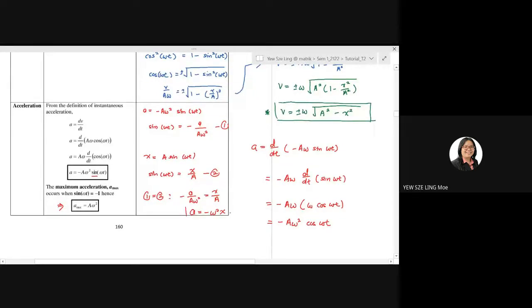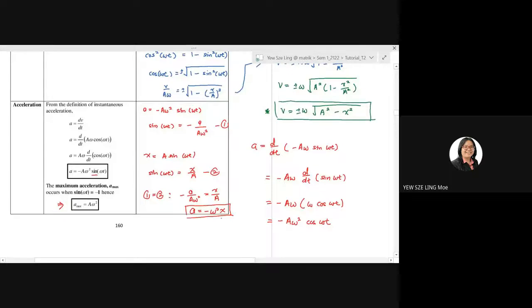So this is the equation that we have seen before in the definition. This is how we obtain the equation in the definition of simple harmonic motion.